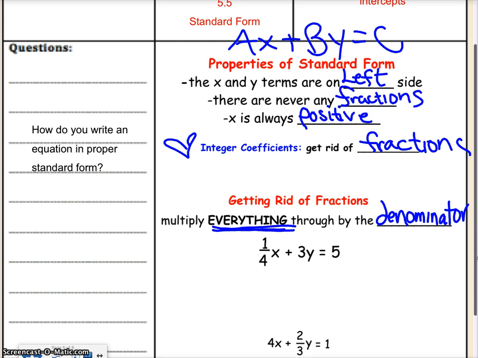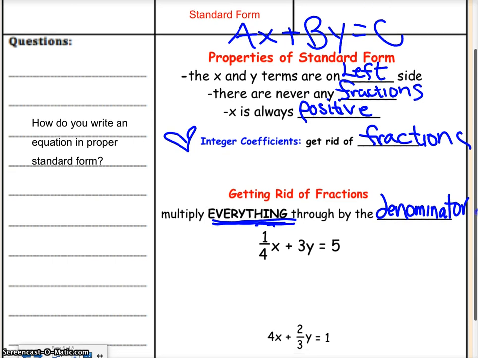So this first example, I have 1/4 x plus 3y equals 5. That is not in standard form. Standard form should not have fractions, and I have a fraction here, so I have to get rid of it. How do I get rid of this fraction? Times everything by 4. Let's just times by the bottom number. Don't worry about reciprocals.